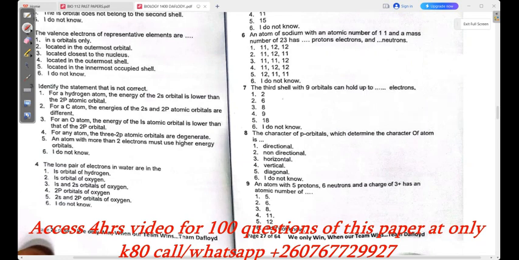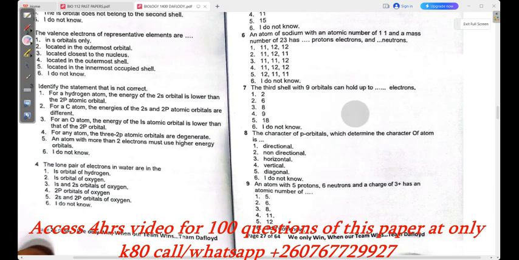7. The third shell with 9 orbitals can hold up to dash electrons. So what you should know is that each atomic orbital can hold a maximum of 2 electrons.